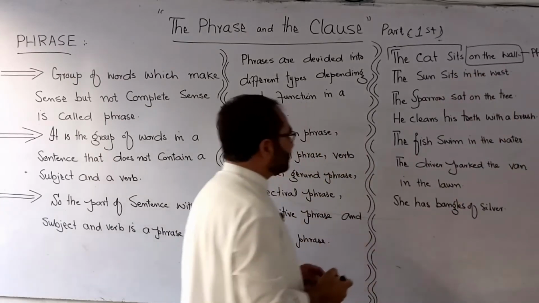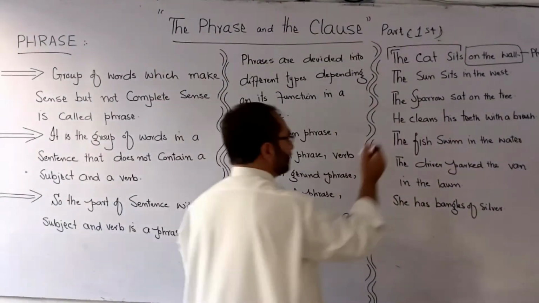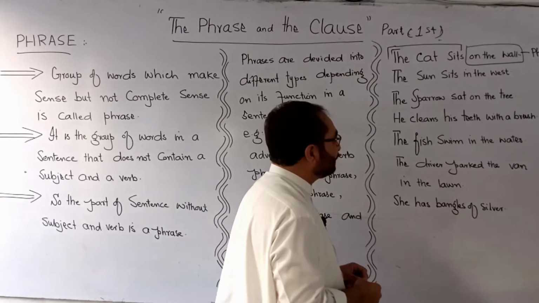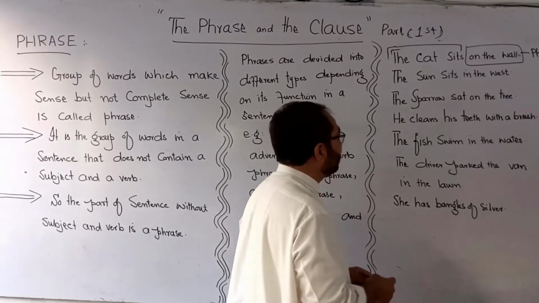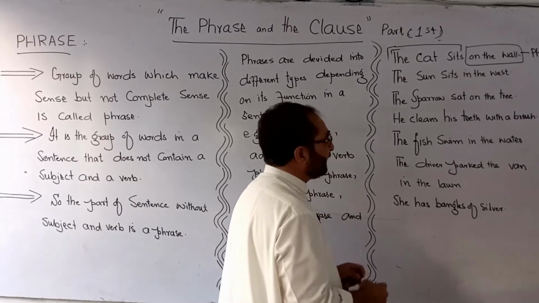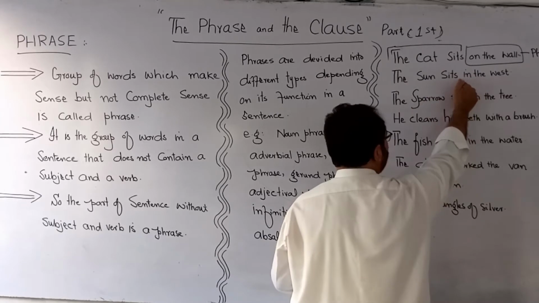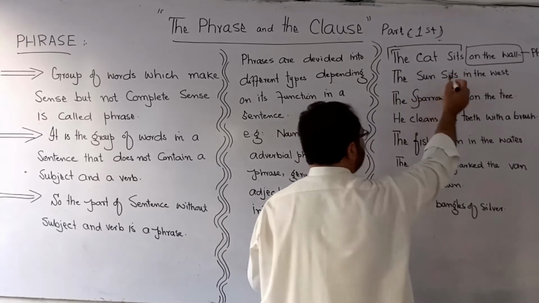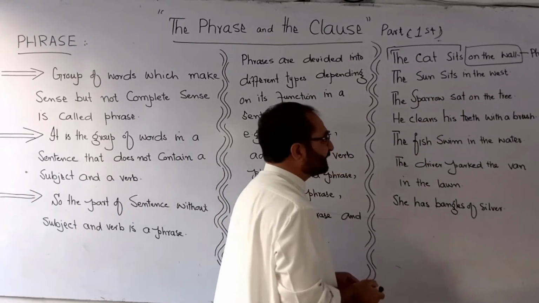Now look at the second sentence: the sun sets in the west. Here the sun is the subject and sets is a verb. It is again in present form, and the sentence has been used in present indefinite. Up to the middle, these are three words, one is the subject and the second is the verb.